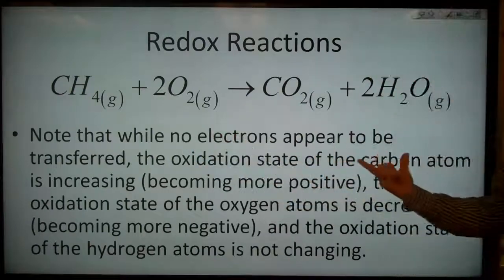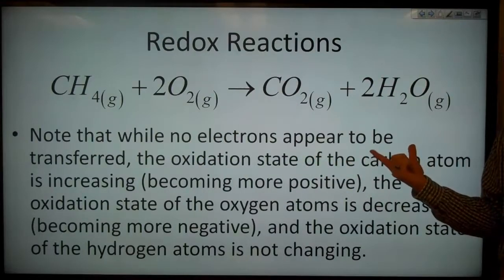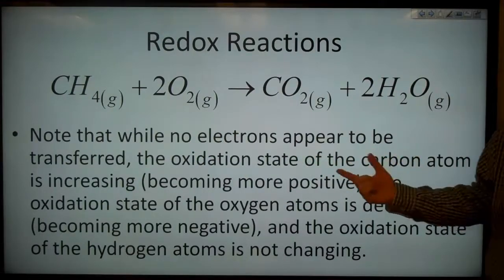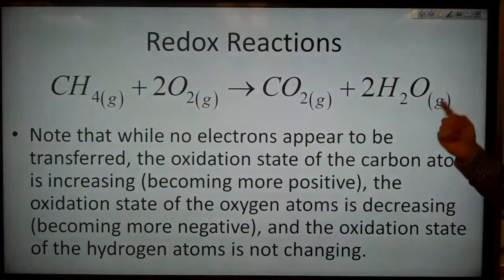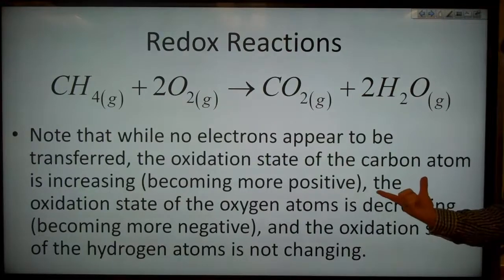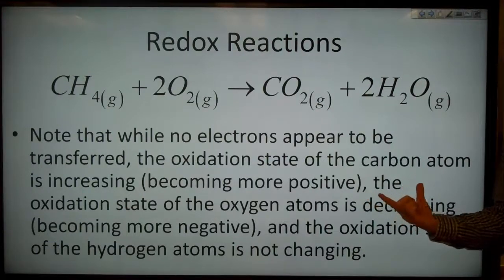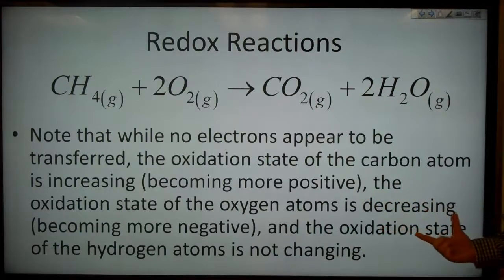So, note that while no electrons appear to be transferred, we don't have any charges that are changing here. The oxidation state of the carbon atom is increasing, it's becoming more positive, the oxidation state of the oxygen atoms is decreasing, it's becoming more negative, and the oxidation state of the hydrogen atom is not changing.